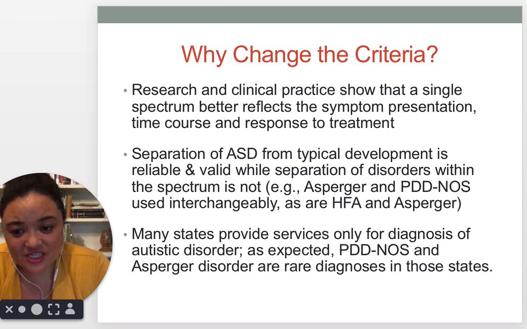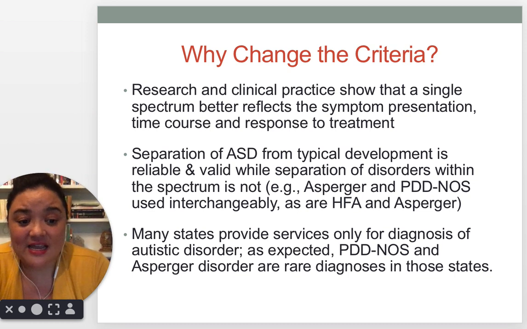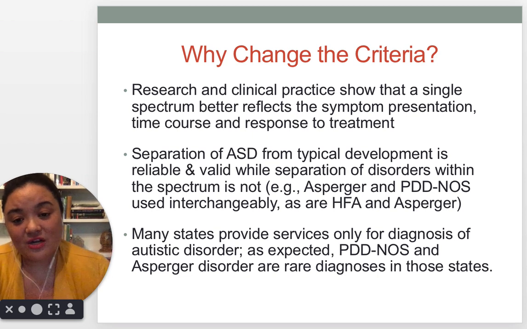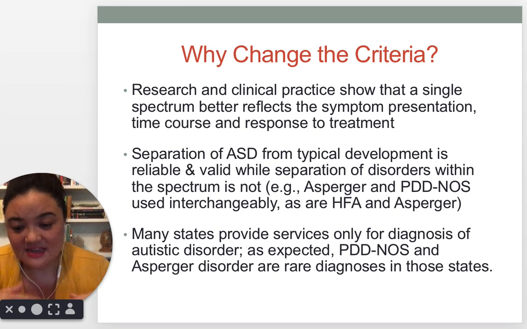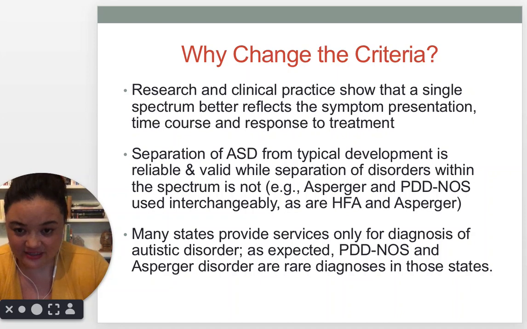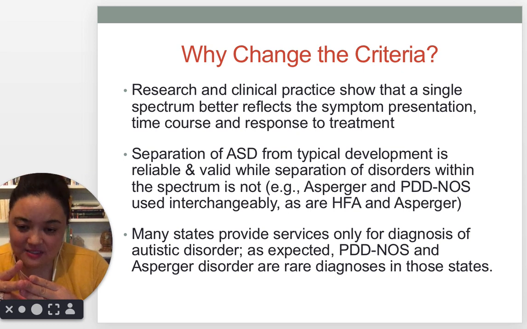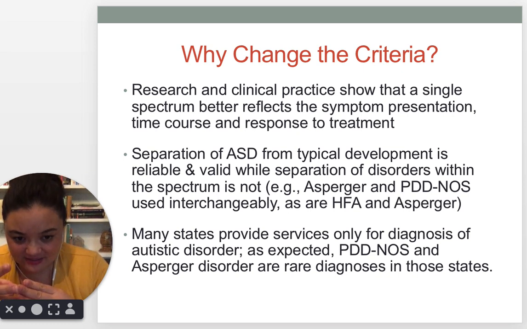Okay. Changes in the criteria were based primarily on new insights emerging in the research since 1990, when the previous version was published. Well, first, researchers and clinical practitioners believe that a single spectrum category better reflects the symptom presentation as opposed to having 3 distinct categories, which is why they went away with separating out Asperger's from autistic disorder from PDD-NOS, right?